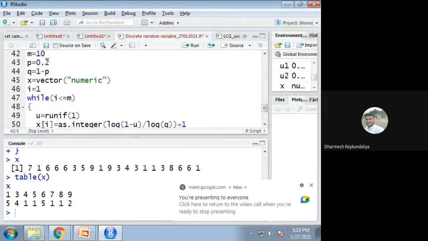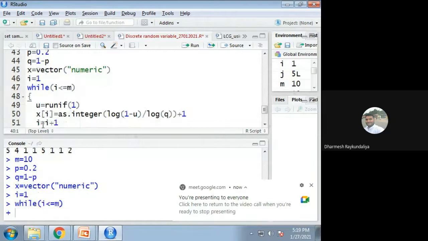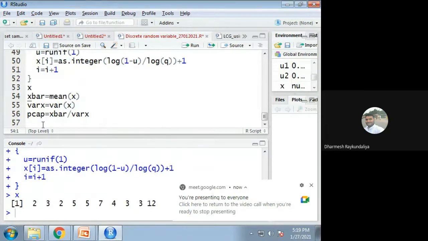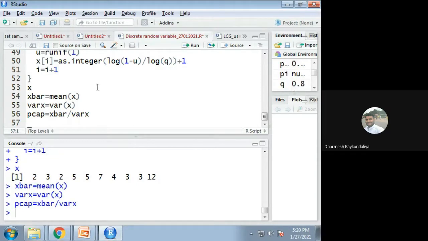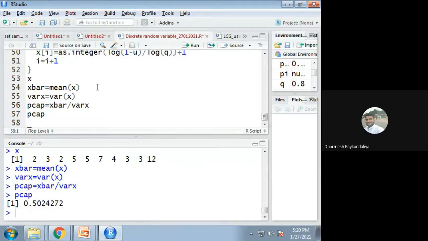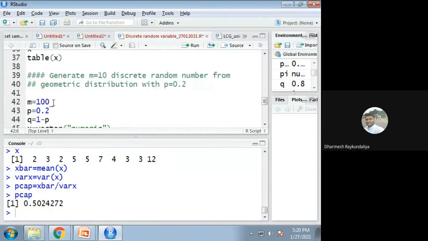Now let us try. It has generated random numbers from the geometric distribution. You find the variance and you can find p cap. P cap is 0.5. So is it correct? Let us generate 100 numbers.